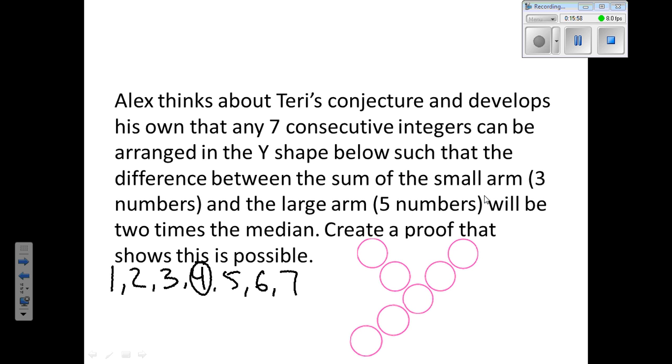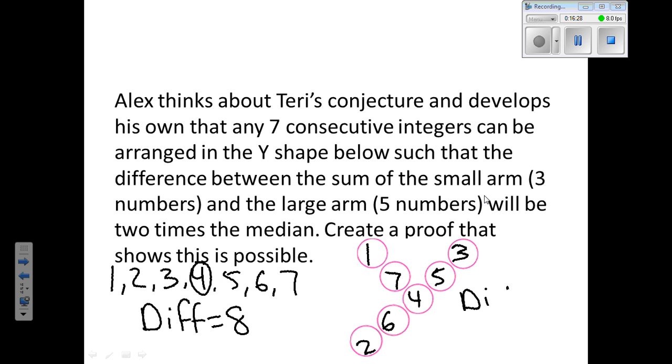And since the difference has to be 2 times our median, that means our difference has to be 8. So I proved that it was possible, but now I want you to create a proof again.